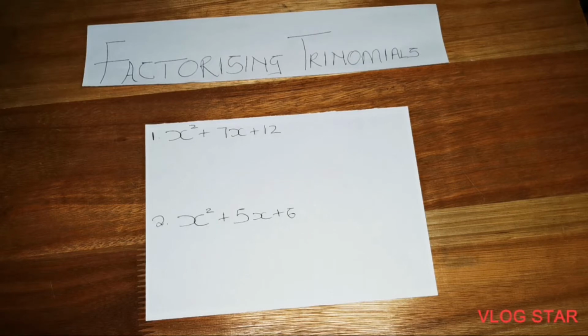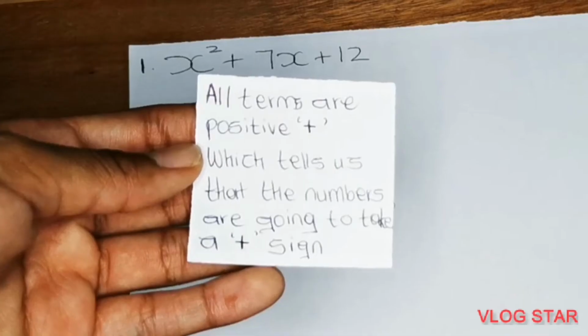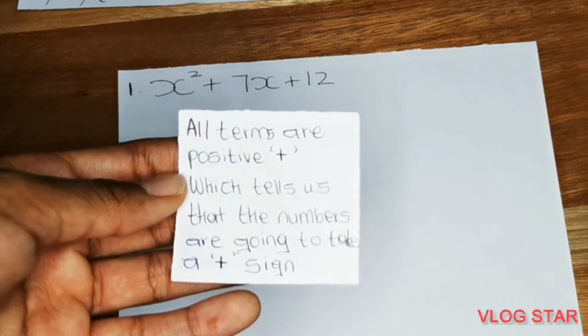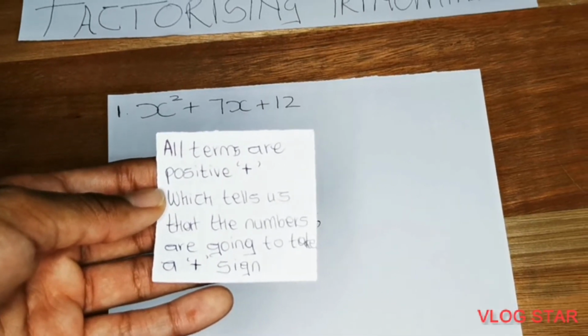That type is divided into 3 types. The principle of these 3 types is the same. The only difference is the signs. We are starting with the one in which all terms are positive, which tells us that the numbers are going to take a positive sign.